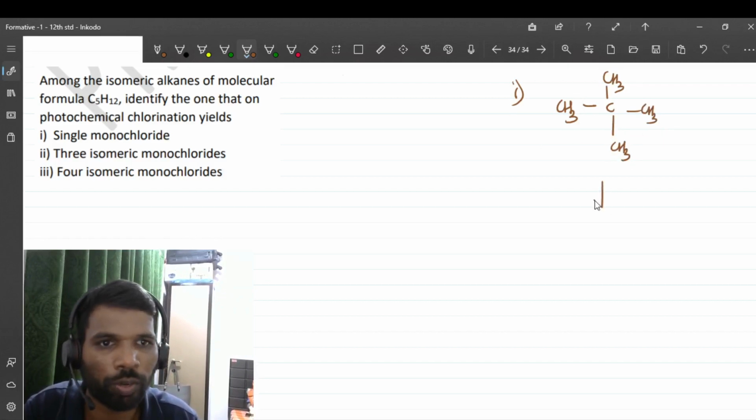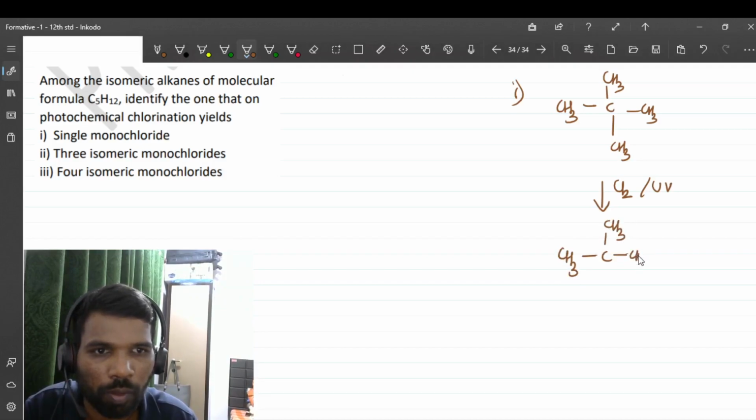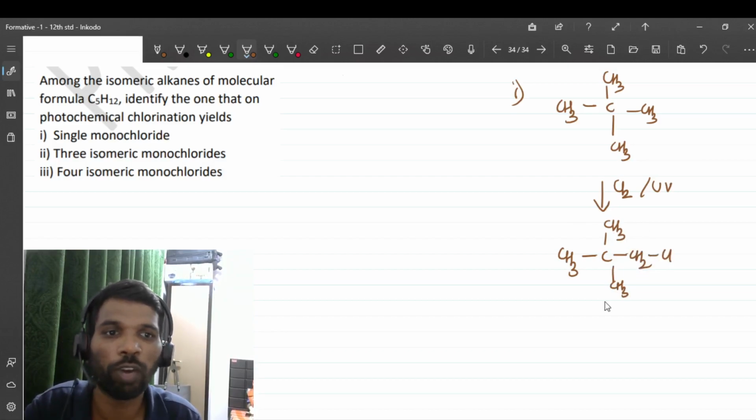Wherever you do the chlorination in the presence of UV light, whether you are substituting here, here, here, or here, the substitution is not going to take place where the hydrogen is not there. So substitution is possible here, here, here, here. Even if it is getting substituted over here, it is one and the same. So only one product you will be getting.